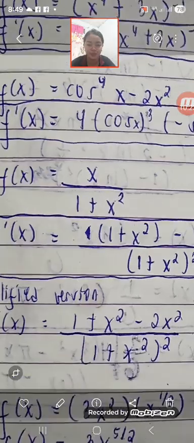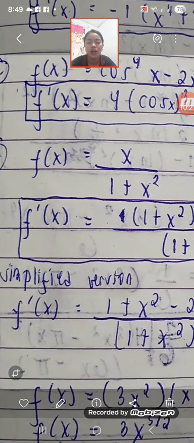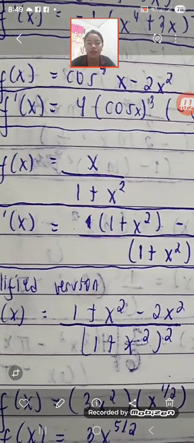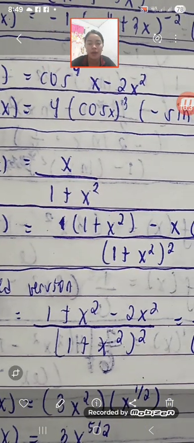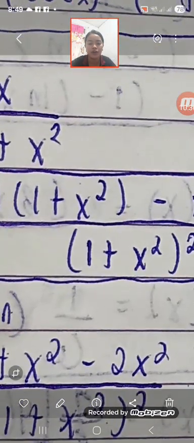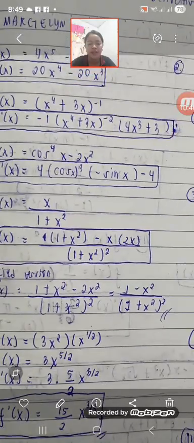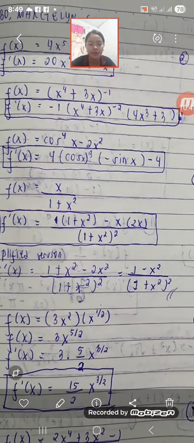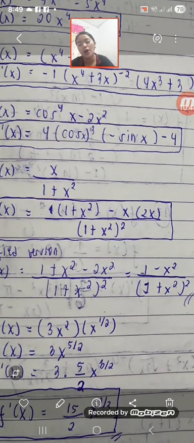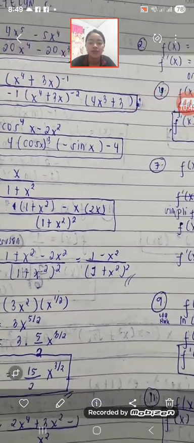So again, we have here the derivative of x is equal to 1. And let's just copy the denominator. And we deduct this by x, and the derivative of the denominator is 2x. And over the square of the denominator. So that is our final answer.